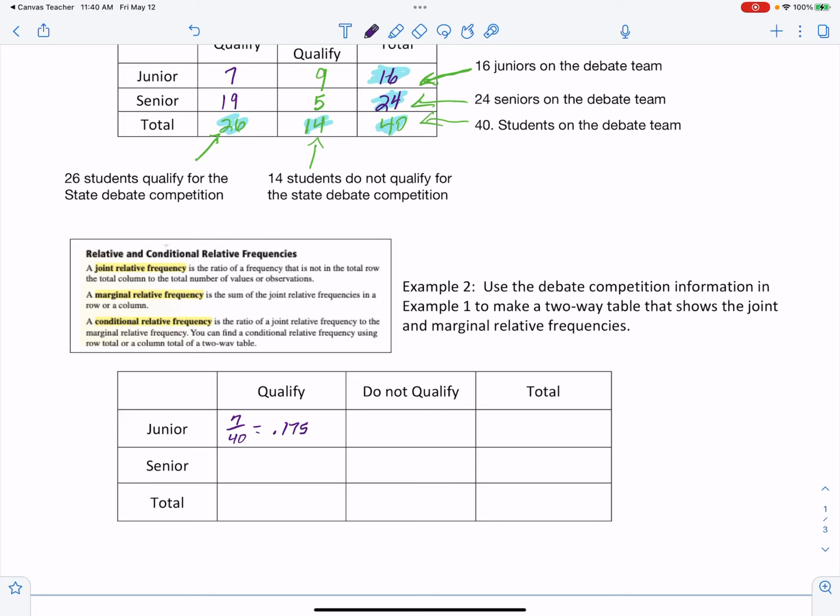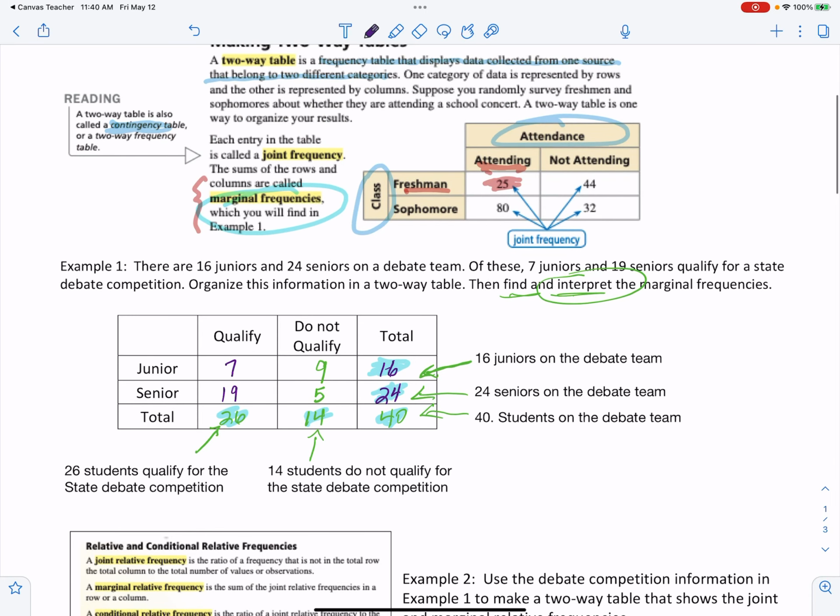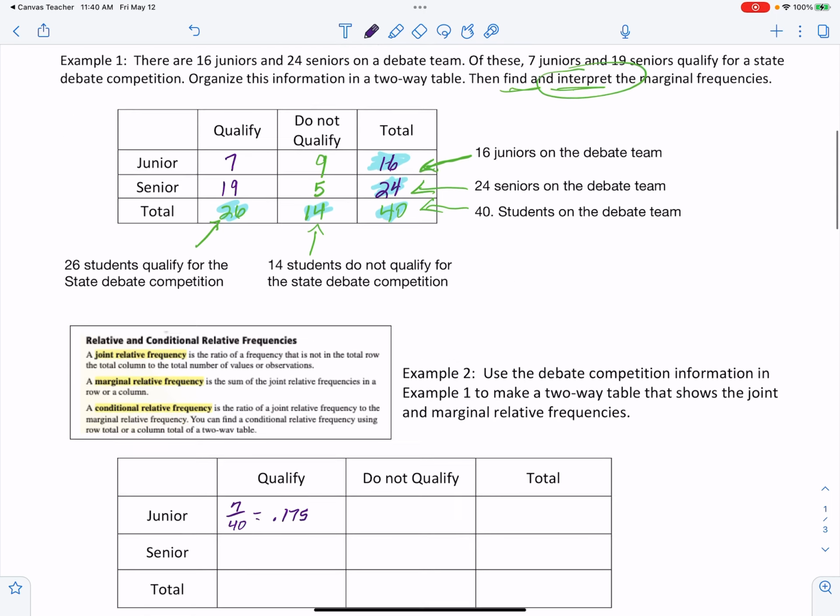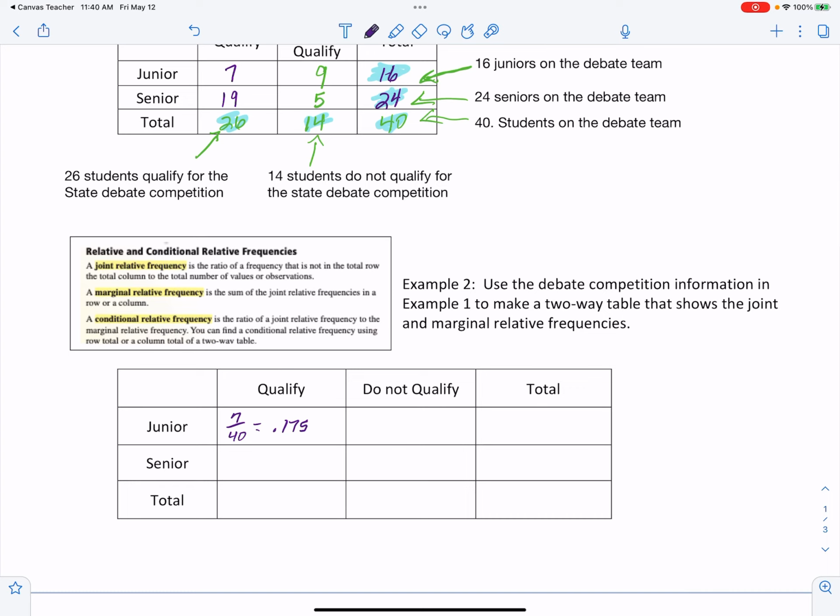So you're going to need to know the difference between when they just want frequencies, joint frequencies, and marginal frequencies from up above here, versus now they want relative, joint relative frequency. It's the ratio of the frequency to the total number of values or observations.